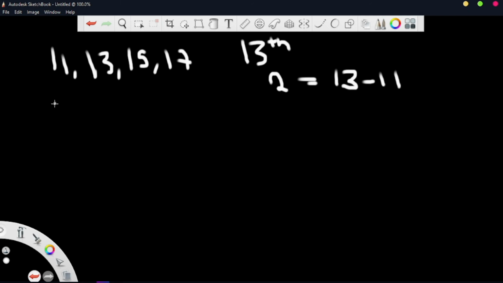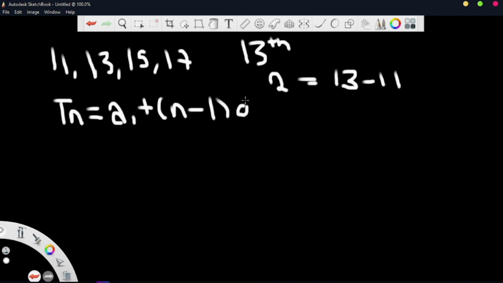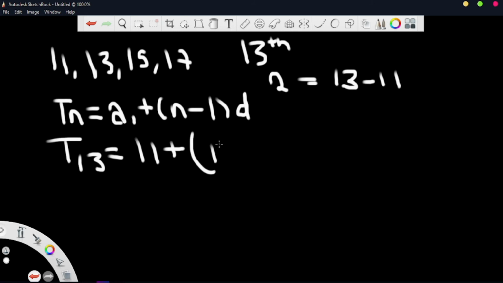So I can now say Tn is equal to a plus n minus 1 times my difference. So I'm going to say my 13th term is equal to, my a1 is 11 plus the term that I'm trying to find, 13 minus 1, times my common difference, which I've solved for, which is 2.